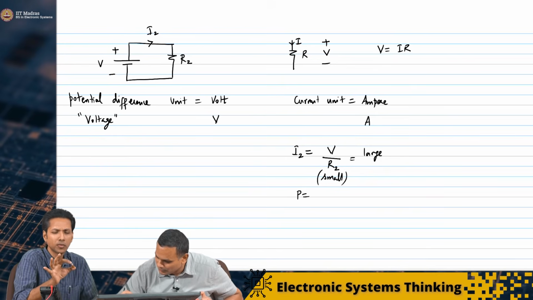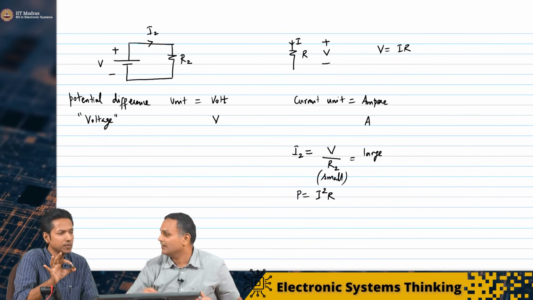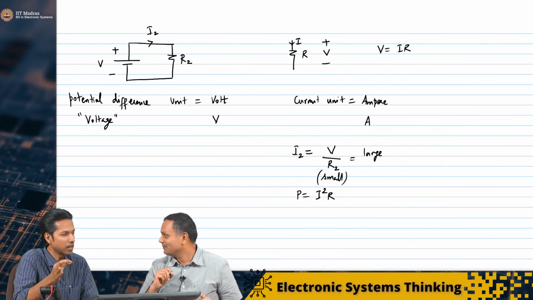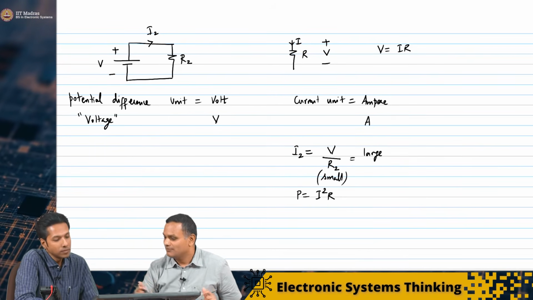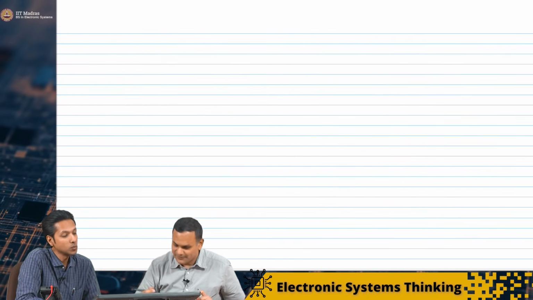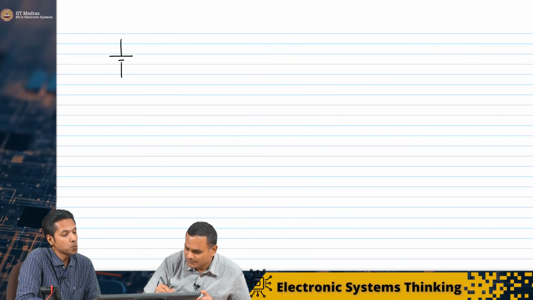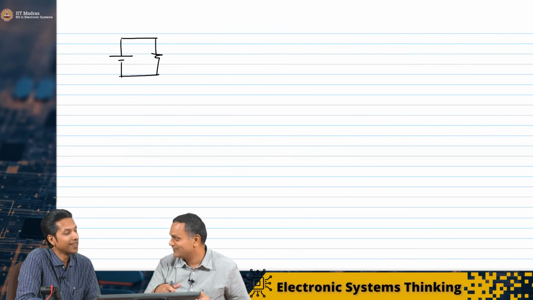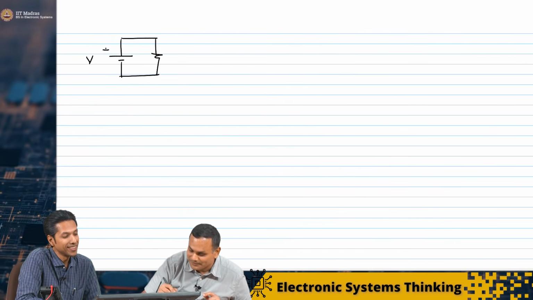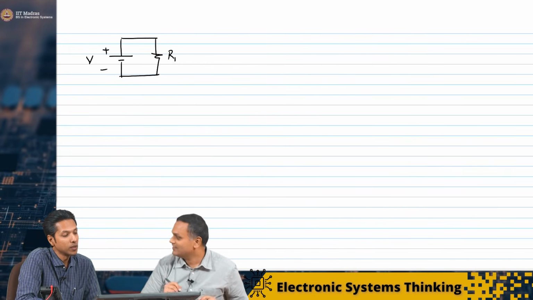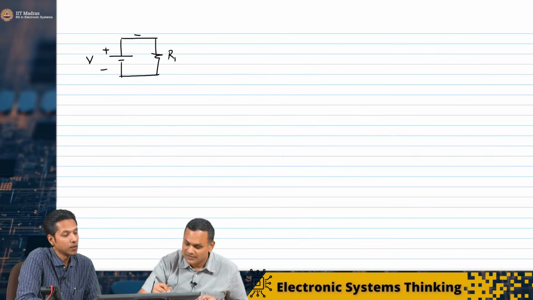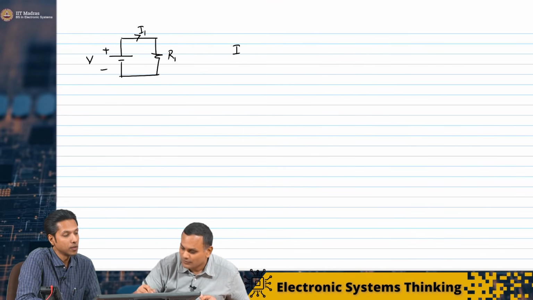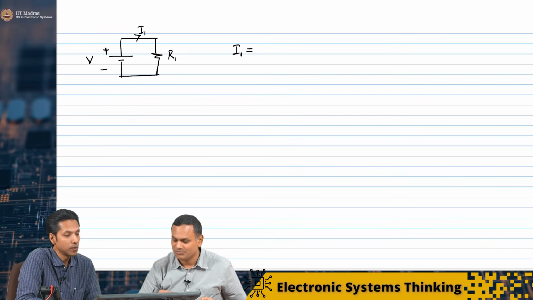In the case of the hand, the current is too small. If I take the second case, the first case which we discussed, but the second case we are analyzing, the resistance is R1, which is very large. The current is I1, so we'll use the same relationship.